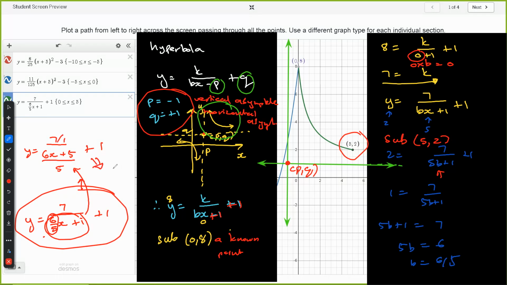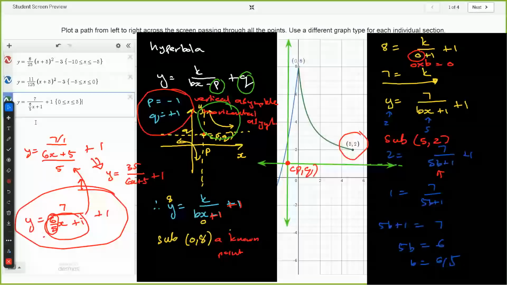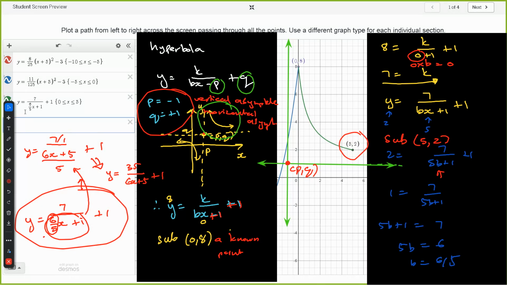So this can be rewritten as y equals 35, by taking the 5 times 7, 35 over 6x plus 5, plus 1, if we need to write it in a more appropriate form. And that should be exactly the same answer. We can check. Okay, so I'm going to go y equals 35 divided by 6x plus 5, plus 1.